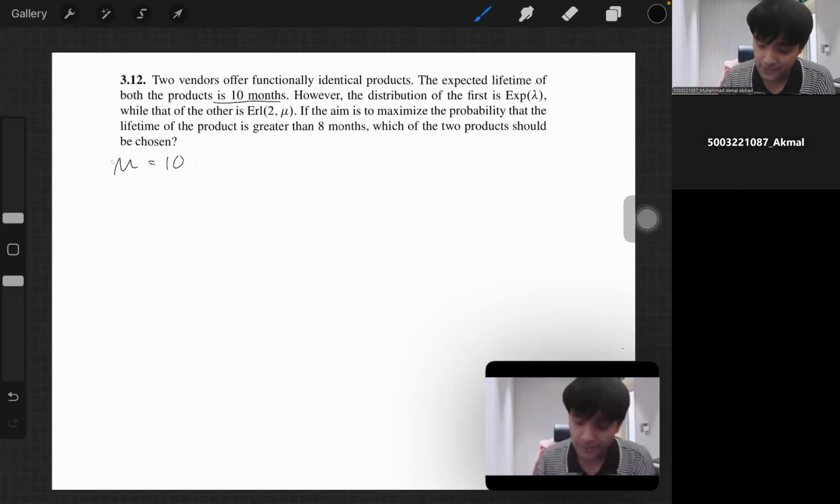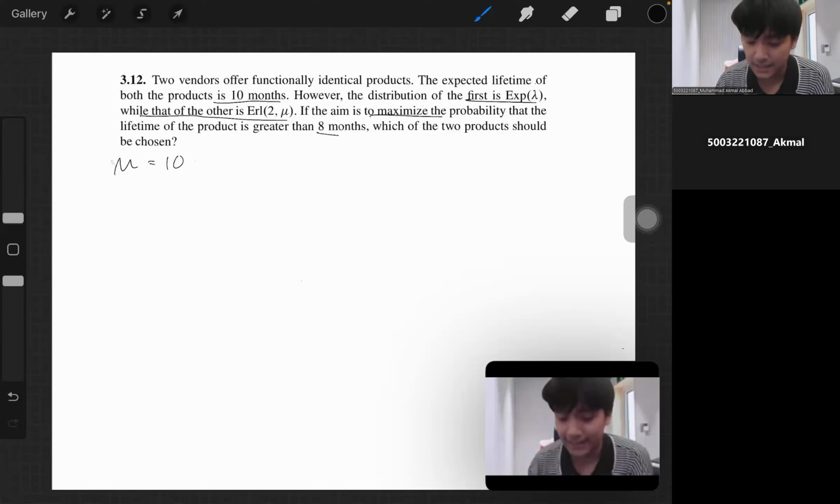However, the distribution of the first is exponential, while the other is Erlang with parameters 2 and lambda. If the aim is to maximize the probability that the lifetime of the product is greater than 8 months, which of the two products should be chosen?